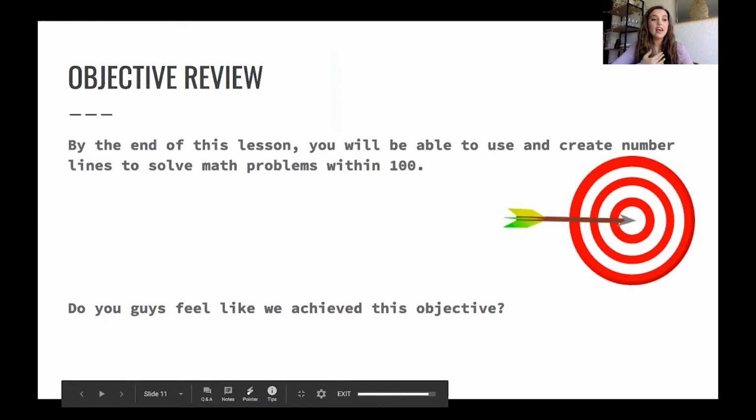I feel like I was able to hit this objective because we created number lines and we also solved math problems within 100. And I think this would be a great opportunity for you guys to practice and just get used to using number lines because they are so, so helpful. And they can also speed up your math process a lot.